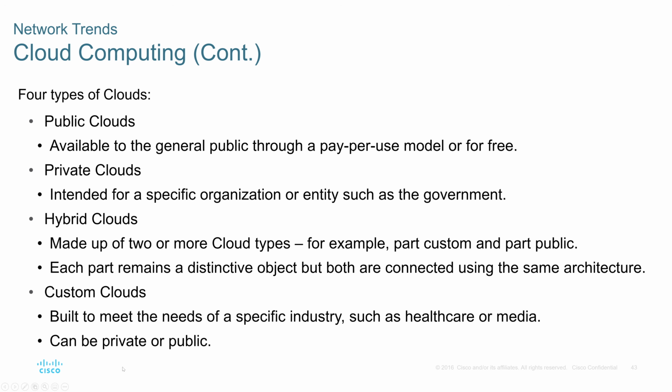And those custom clouds can be both private and public. A public custom cloud could be a small rural town. I saw on the news the other day that a rural town in Japan decided to create a custom public cloud to allow public schools to access information within their networks. So that would be a small custom cloud.